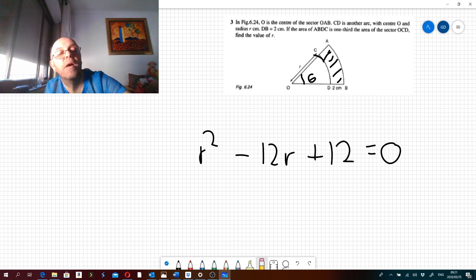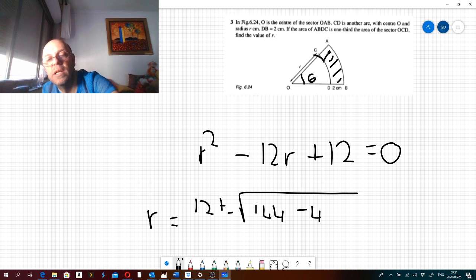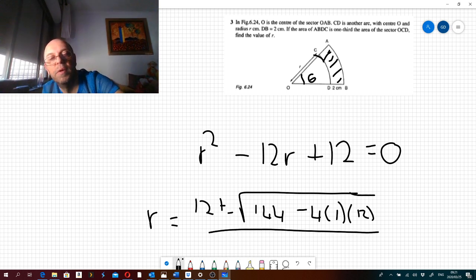and say that my r value must equal minus b, which is minus 12, which is 12, plus or minus the square root of b squared, which is 144, minus 4 times a, which is 1, and c, which is 12, so that's 48. And then I'm going to get over 2a, which is just 2.